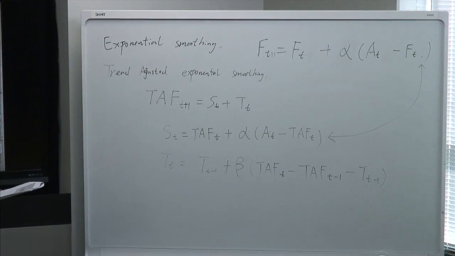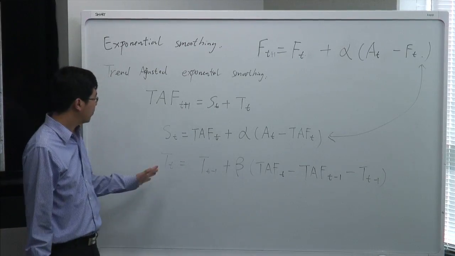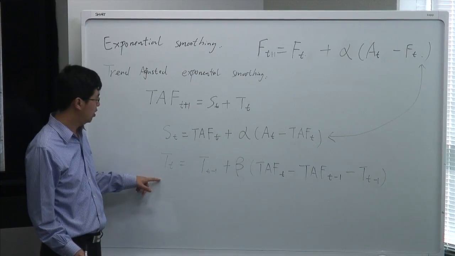So this is a little bit complex. Basically speaking, every period you have to adjust the trend estimation a little bit. How do you adjust that?